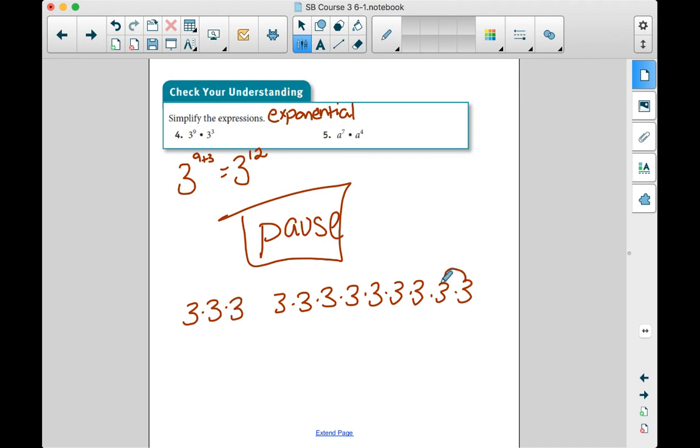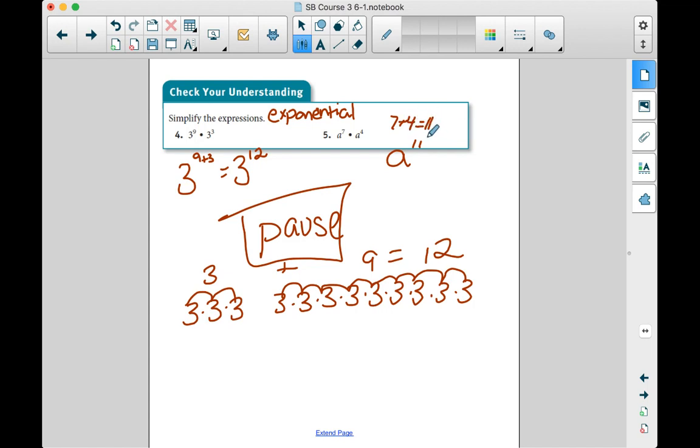So I've got 1, 2, 3, 4, 5, 6, 7, 8, 9. And then I have 1, 2, 3. All together, I have 12. There's 3 to the power of 12. So over here, I would have a to the power of 11. And I got that because I did 7 plus 4 equals 11.